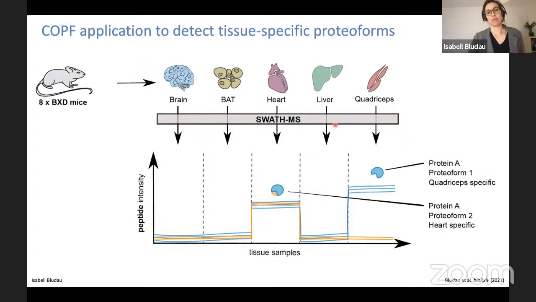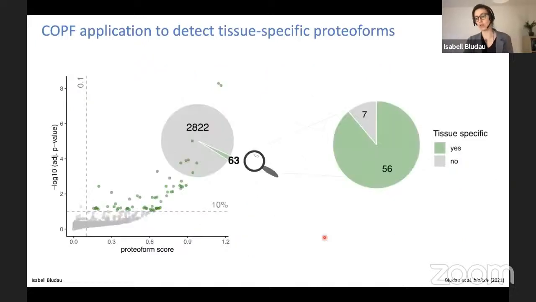Here we measured 8 BXD mice and took 5 different tissues and looked at whether we can find any tissue-specific proteoforms. Overall in this data, we could see 63 proteins with significant proteoforms, and almost all of them we could confirm to be tissue-specific based on a condition-aware ANOVA analysis.